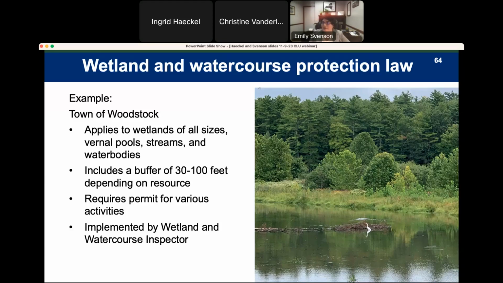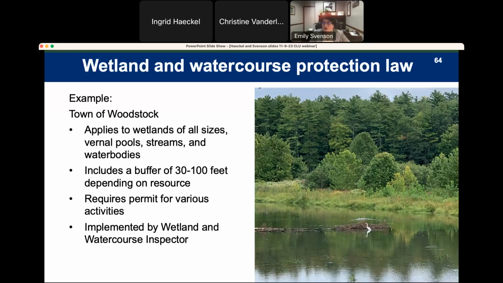I want to just talk about that for a minute. As Ingrid showed, the buffer size that you need depends on what you're trying to protect, but usually 100 feet is a good buffer size to go for. They may have decided in their process that it wasn't; I don't know the details of Woodstock's process. But for instance, some communities find that asking for a 100-foot buffer around all streams and wetlands is just not viable, that it won't get passed in their community.